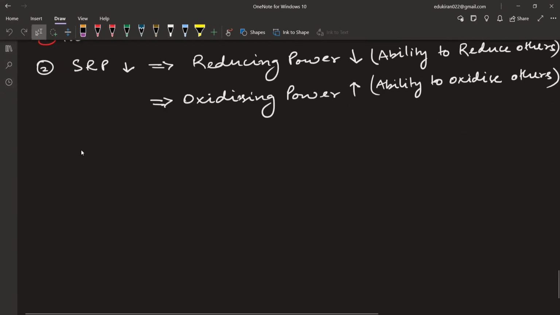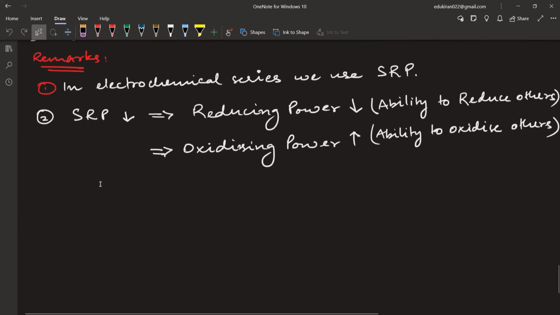Now see, reducing power means the ability of a particular metal to reduce something else.